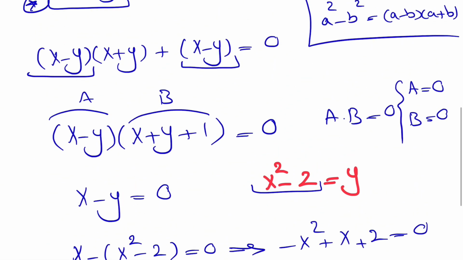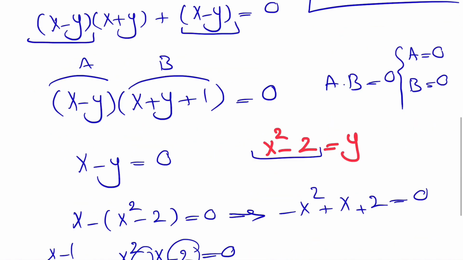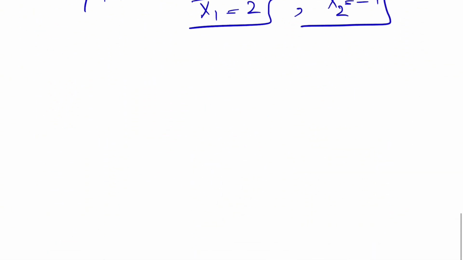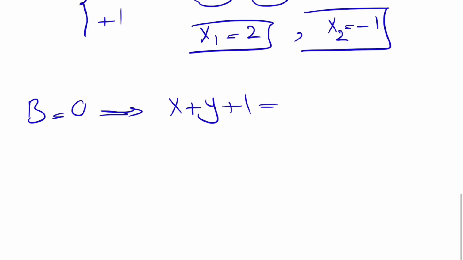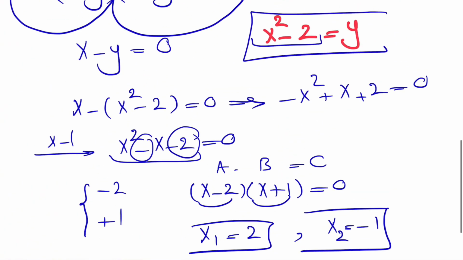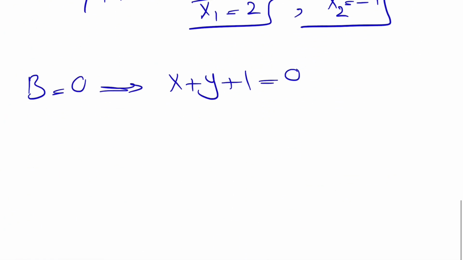So that was the first part of the question, where we had a is equal to 0. Now we have x plus y plus 1 is equal to 0. So now we're going with b is equal to 0, where we have x plus y plus 1 is equal to 0. Again, we have to keep in mind that our y is x squared minus 2.